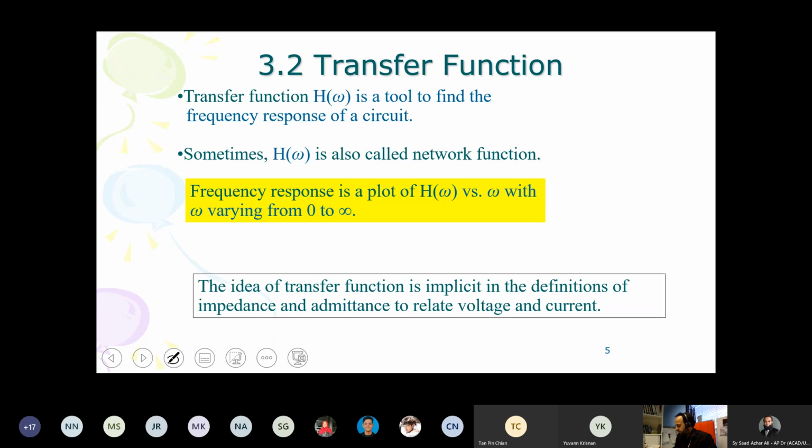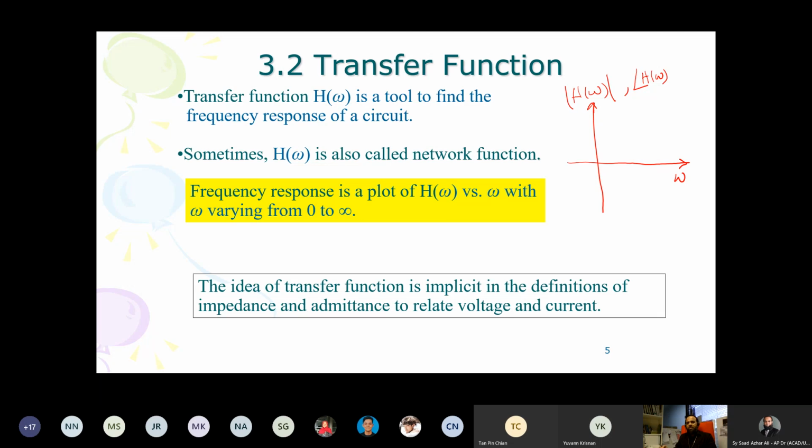It's a plot. On the x-axis is omega, and on the y-axis is H(omega), and we will see that it is basically the amplitude and also the angle as well. So we have two plots. We'll see that later in a while. All right. So just like when we talk about f of t or x of t or y of t, y is a function of t, x is a function of t.